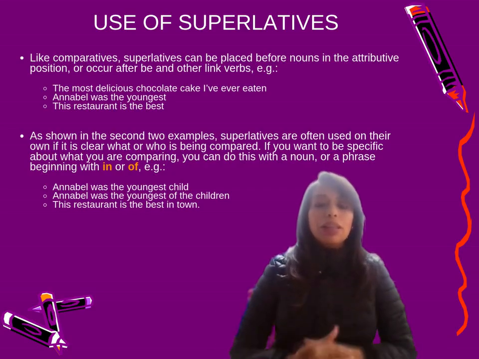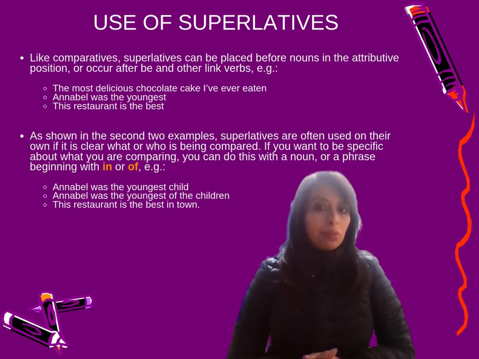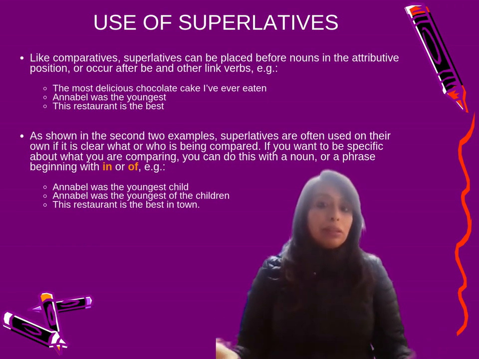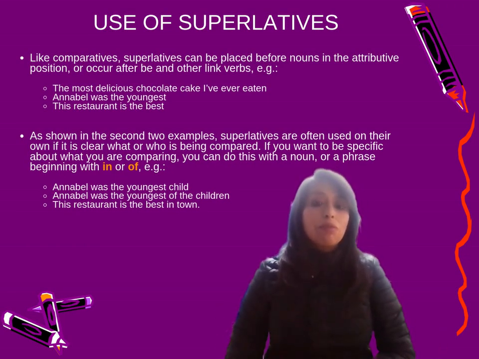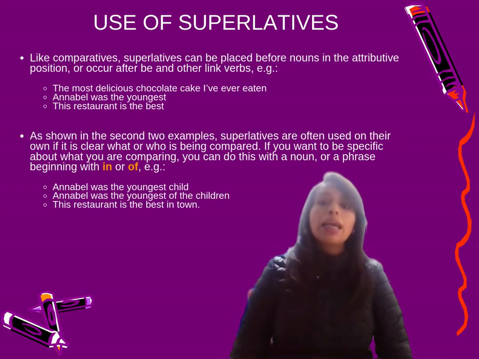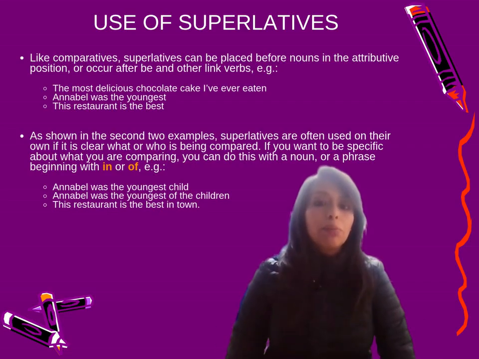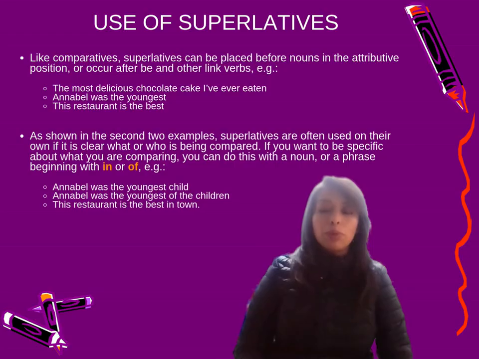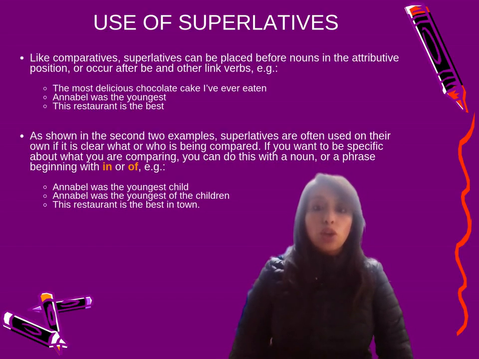What about the use of superlatives? Well, like comparatives, superlatives can be placed before a noun in the attributive position or occur after linking verbs. For example, the most delicious chocolate cake I've ever eaten.